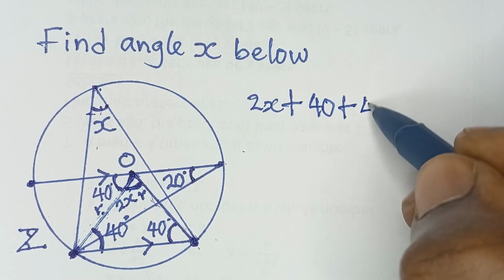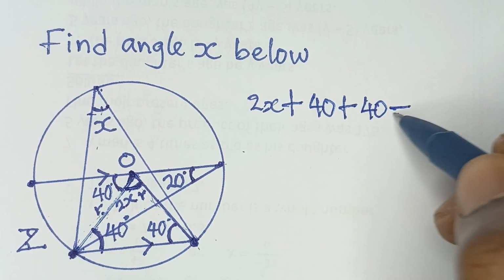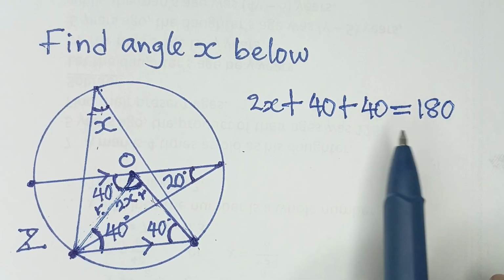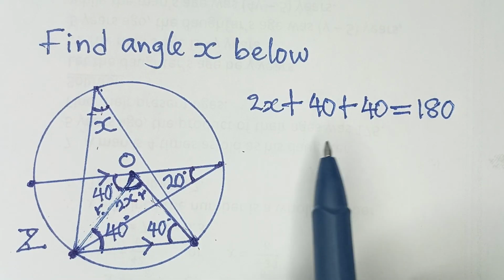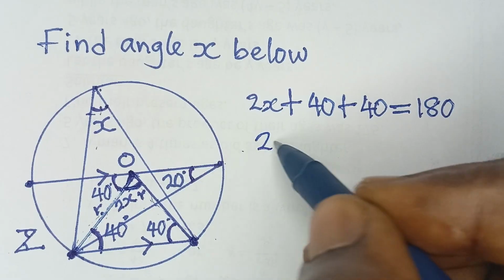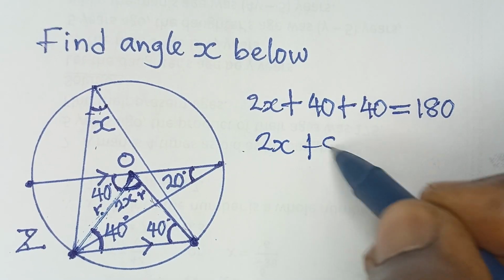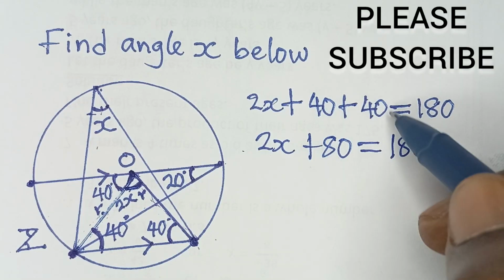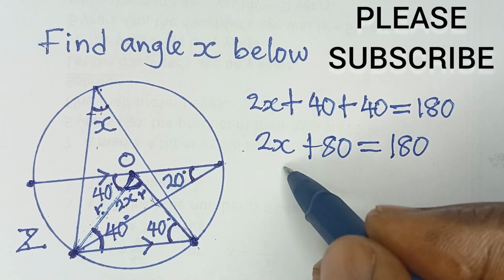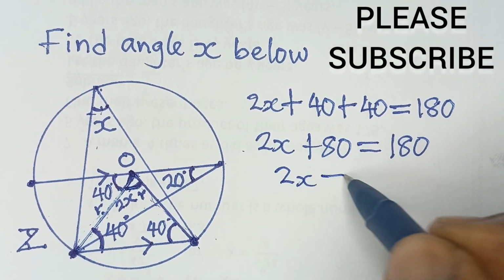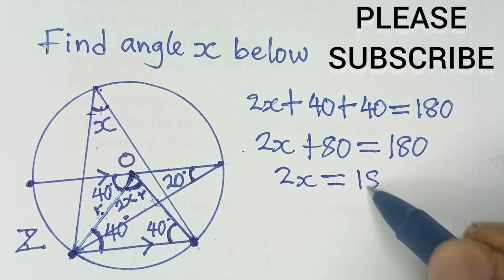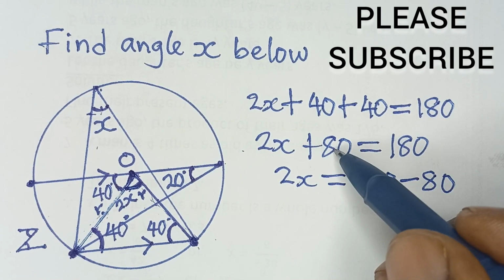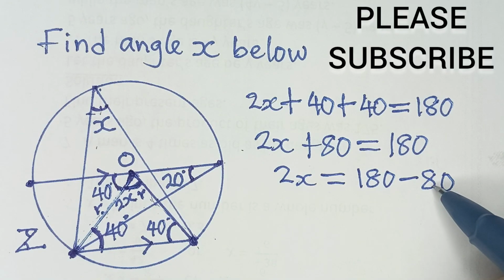So all the three angles of this triangle will add up to 180. Sum of angles in a triangle is 180. So that means 2x plus 80 is equal to 180. Don't forget 40 plus 40 gives us this 80. Now I can say 2x is equal to 180 minus 80, so that when this positive 80 goes to that side, it becomes negative 80.